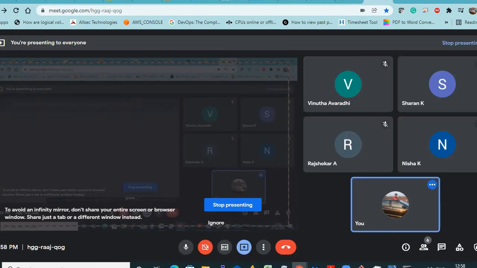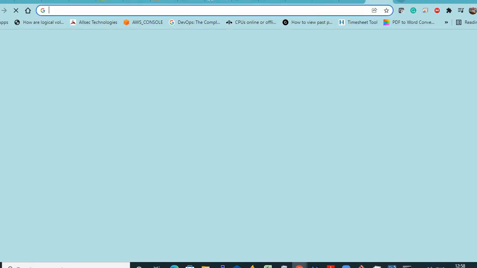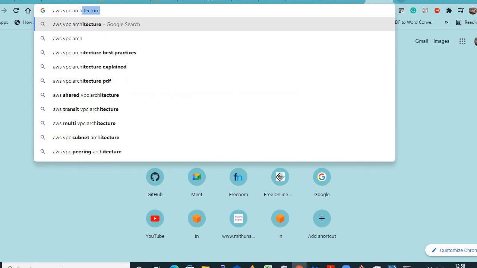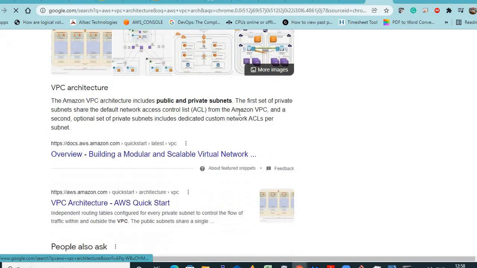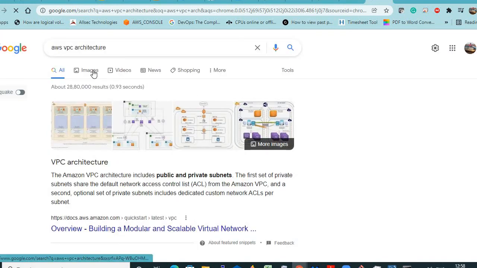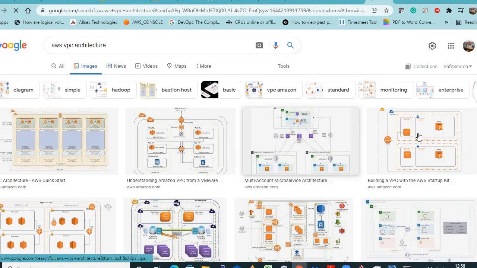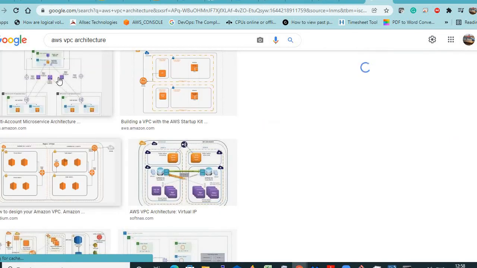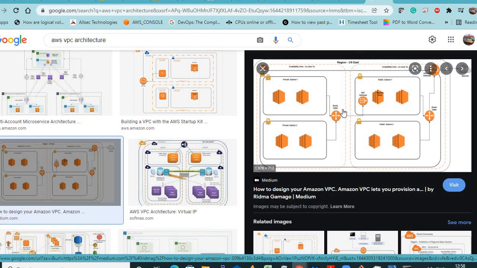Now the next concept is, yeah, now I will show you a simple architecture like the AWS VPC architecture. This is the simplest architecture.